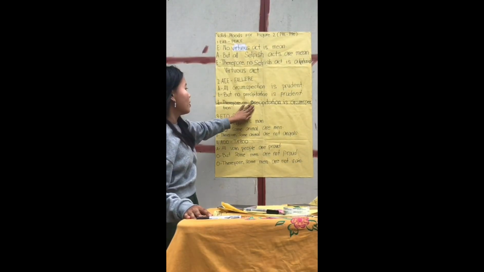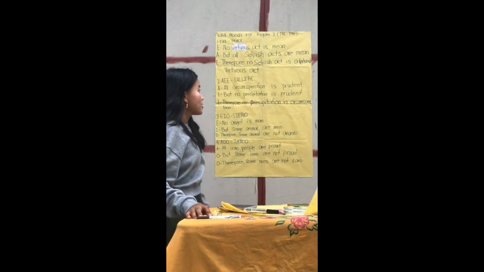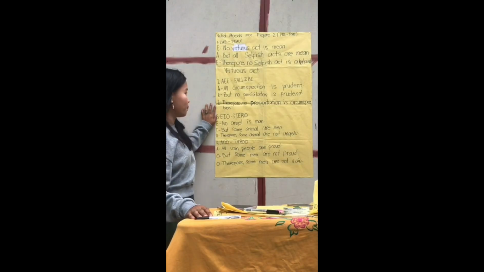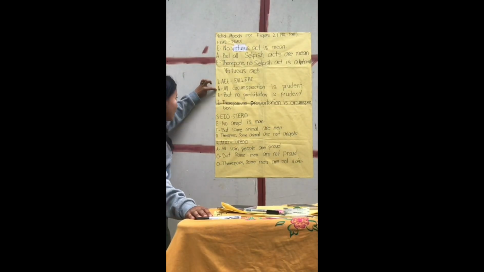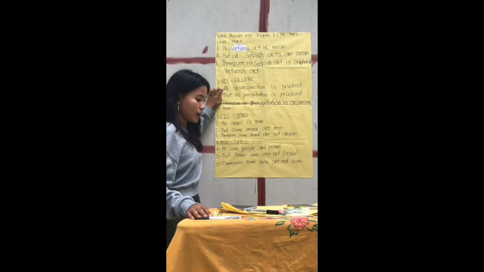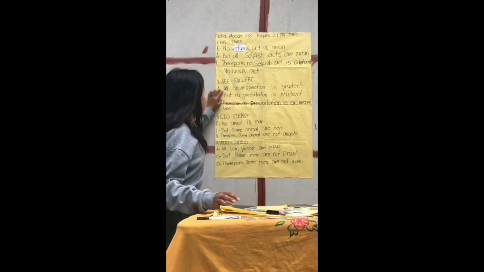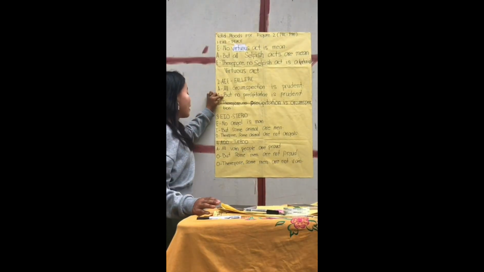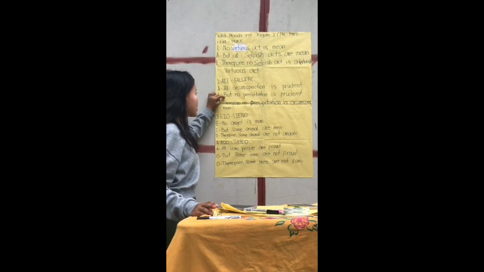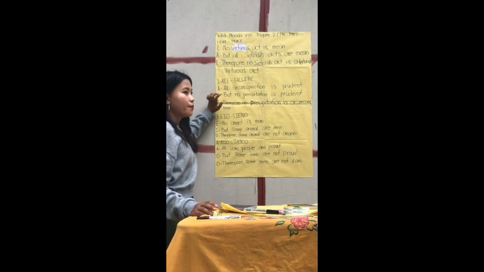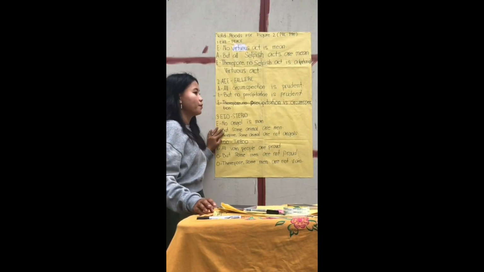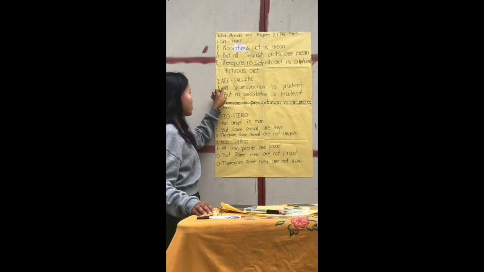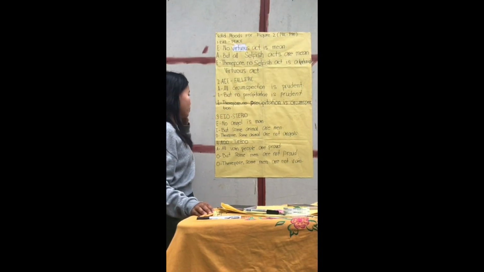So, wala daw precipitation na circumspection. Kaya, E. Kasi nga, universal yung first premises natin, and negative yung minor premises natin.